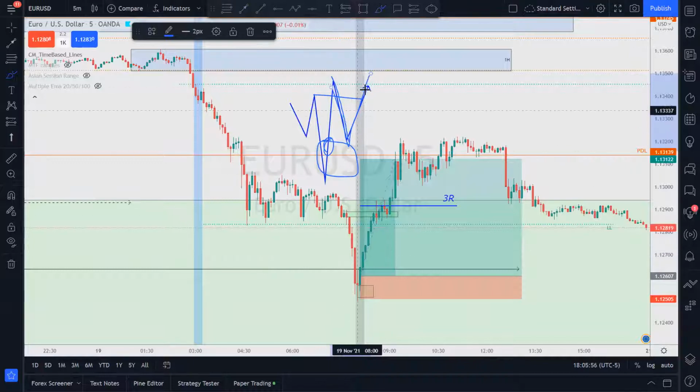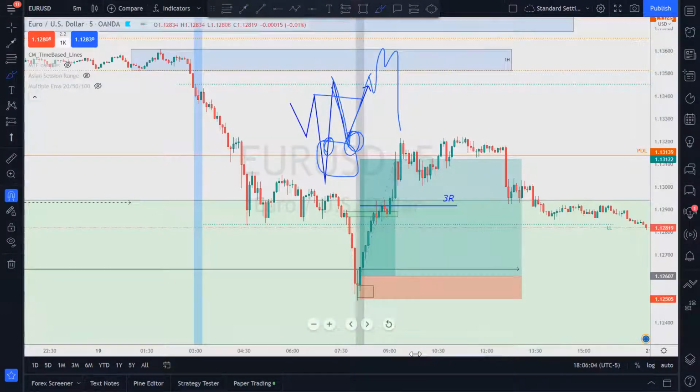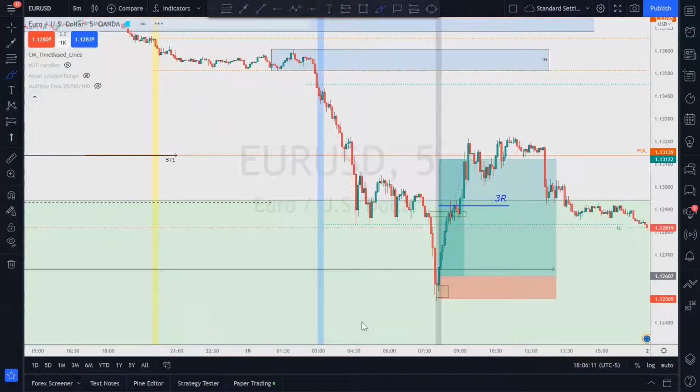All right. Now, sometimes it'll come up and then it'll come back and test this right shoulder and then continue to go. All right. So there are those variations, but essentially that's what we're looking for.